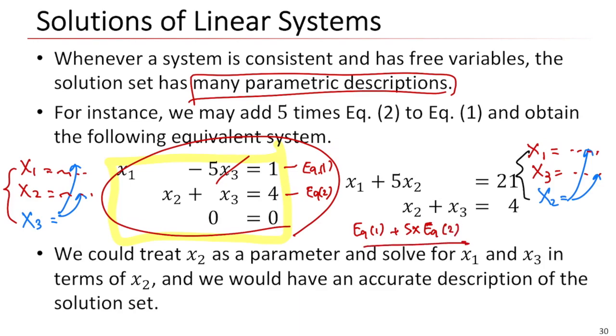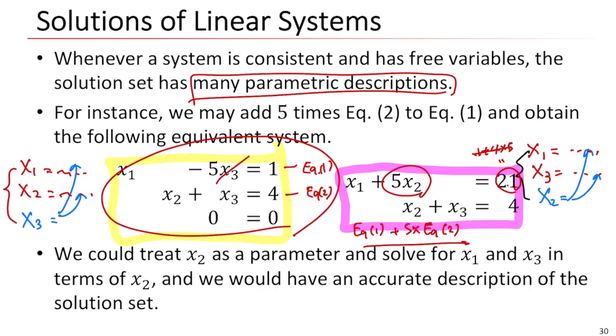In this case, it makes another term, 5 times x2, and we can remove this one as a 0, right? And 1 plus 4 times 5 is equal to 21, right? So we can represent this linear equation like this.